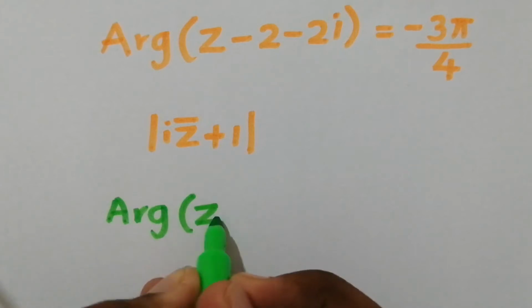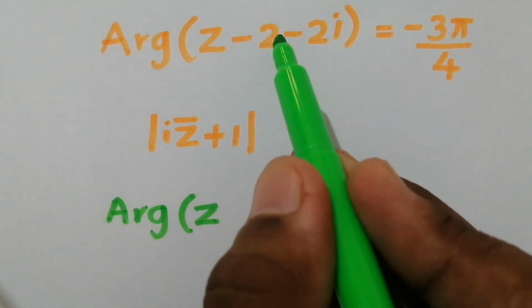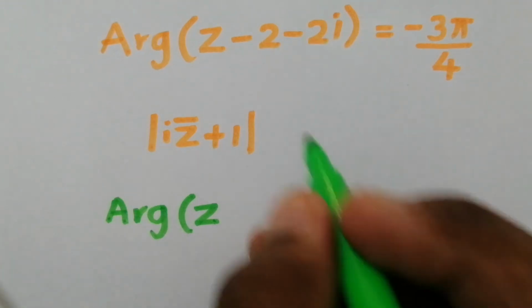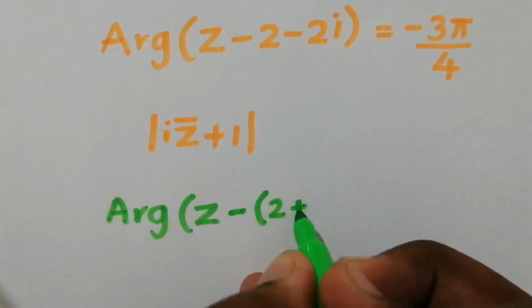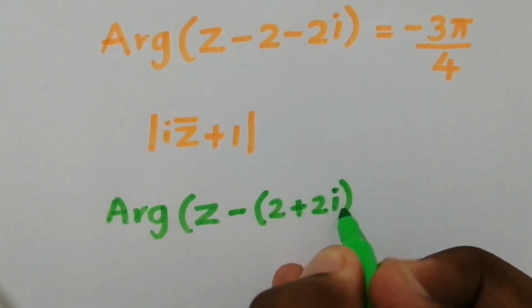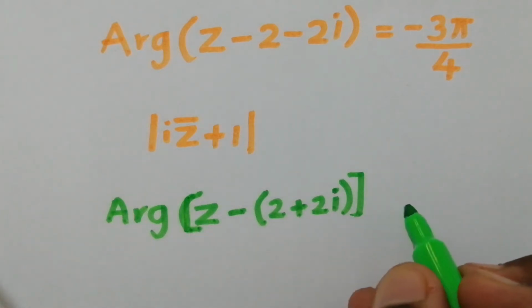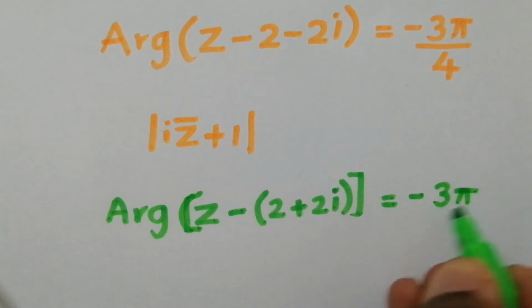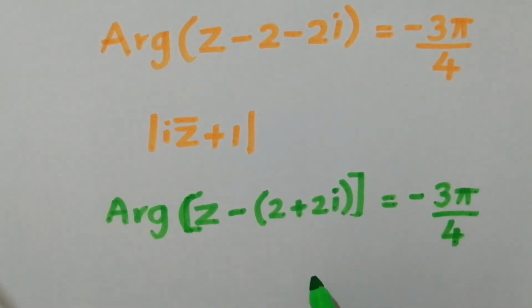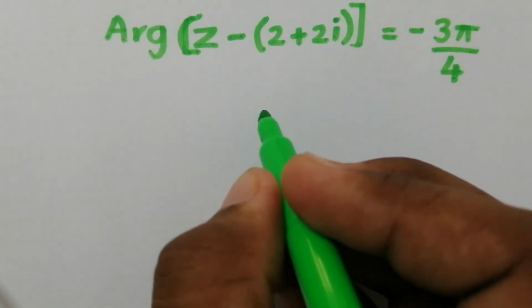Here it is z minus 2 minus 2i, and if I take minus out, I will get arg of z minus (2 plus 2i) equals minus 3 pi upon 4. Now here the fixed point is 2 plus 2i. Now I can sketch the path of z.